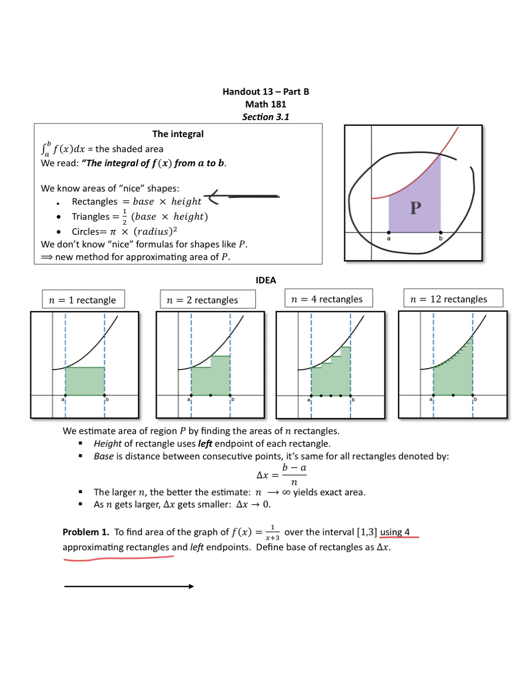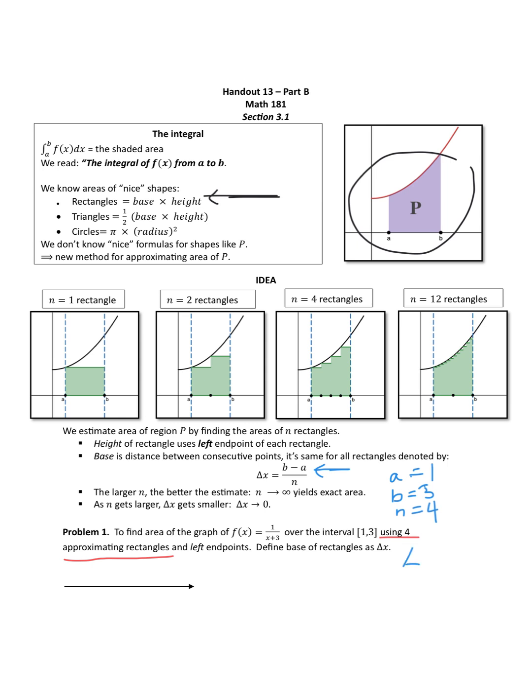So now we're going to start defining some terms. The base of the rectangle is given by delta x, which is equal to b minus a, divided by n, and it's getting pointed to with the blue arrow. In our case, in problem number 1, we have that a is equal to 1 and b is equal to 3 and n is equal to 4.